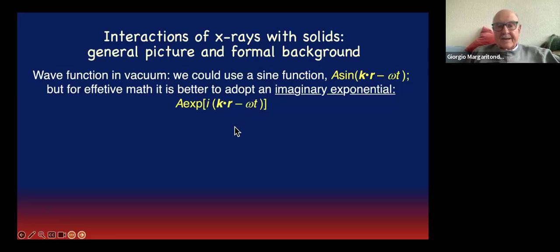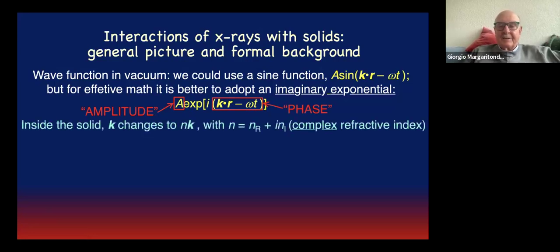Now, this is the wave in vacuum, and we must distinguish between its amplitude and this factor, which is called the phase. Now, when the wave gets into a solid, then the change is that k becomes nk, where n is the refractive index, but it is not a refractive index of elementary optics. It becomes a complex quantity.